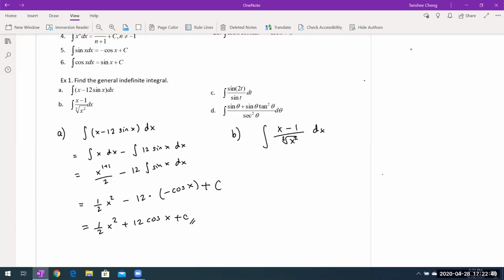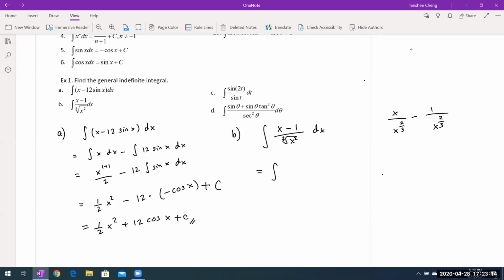For this one, we don't have a formula to take the antiderivative of this, so we're going to simplify it first. You can look at this as x over x to the 2/3 power minus 1 over x to the 2/3 power when I split it into two different fractions.